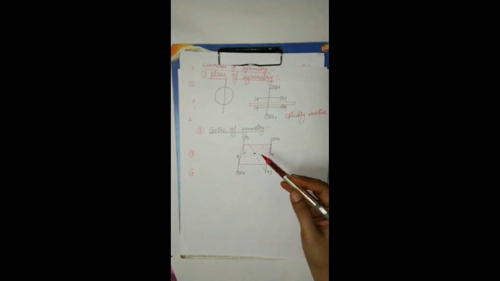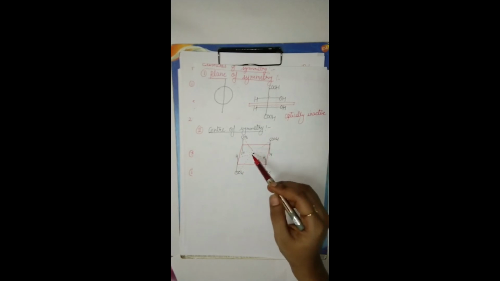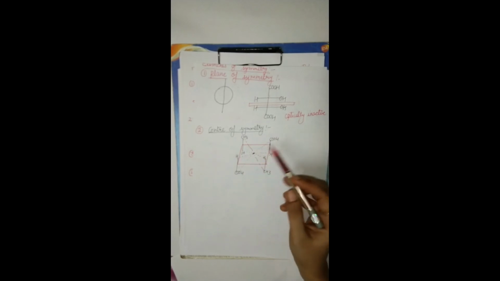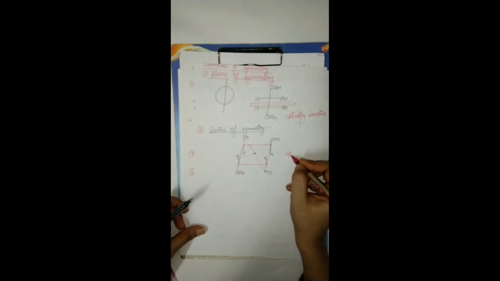Okay students, you got my point? The distance between this COOH group and this one is equal, the distance between this H and this H is equal, and the distance between the CH3 groups is equal. So all the groups are in equal position. That's why this is a center of symmetry. If a compound has a center of symmetry, it will become optically inactive.